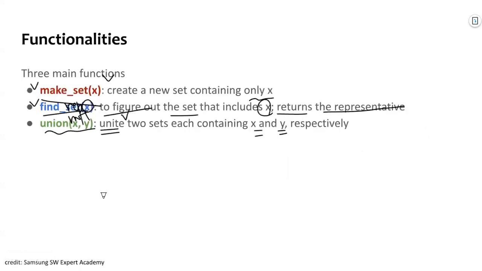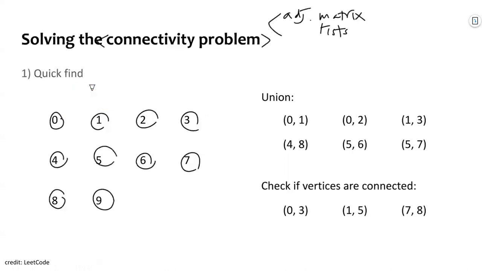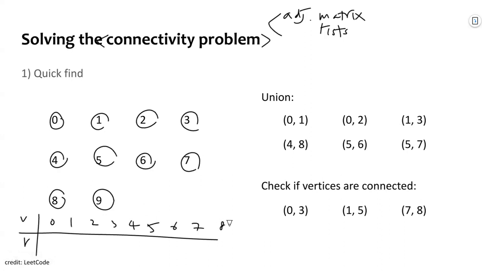So we performed this make set operation first, and we're going to keep track of the root of each vertex: 0, 1, 2, 3, 4, 5, 6, 7, 8, 9.